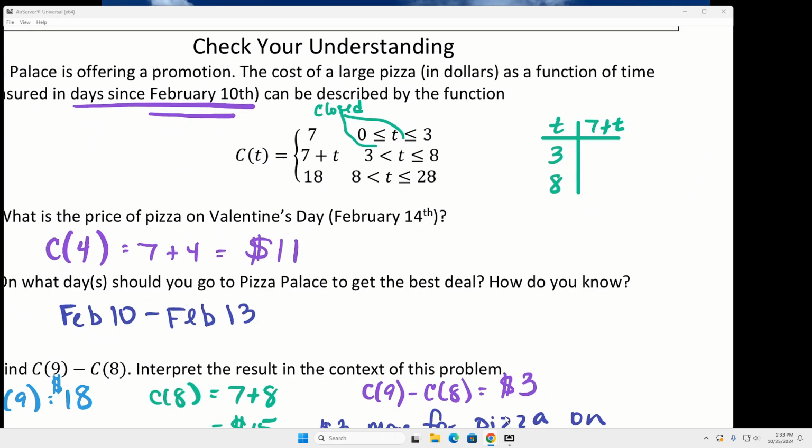Alright, so when I plug 3 in and I add it to 7, what am I going to get? 10. And what if we already did 8 and we got 15? Alright, this 3, do you all think it's going to be an open or a closed circle? It's going to be open. So it's going to be fine that we plugged it in. 8 is going to be closed.